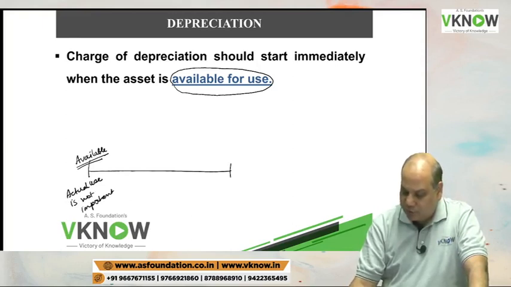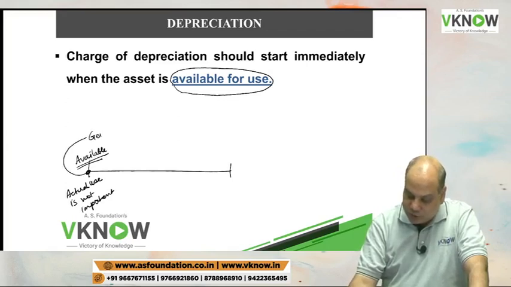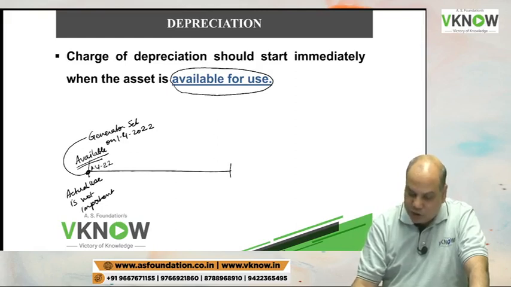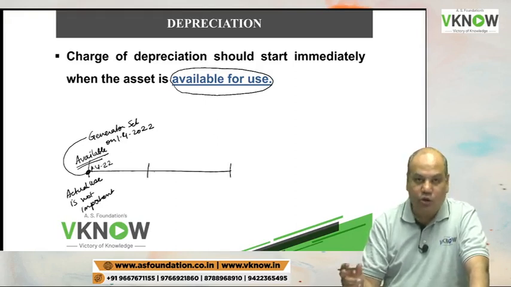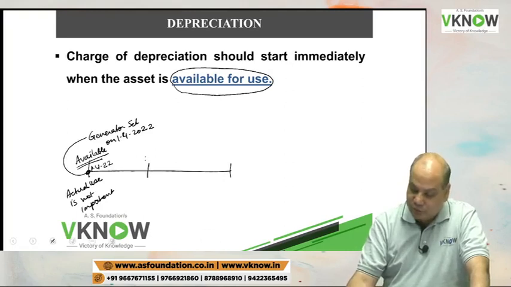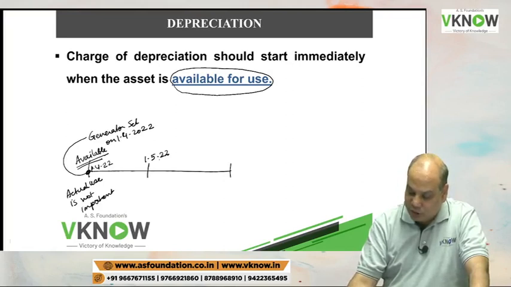Now, say for example, you purchased a generator set on 1st April 2022. So it is available for use from 1/4/22, but there was no power cut. If there was no power cut, you will not use the generator set. The first time the power cut occurred was on 1st May 22.